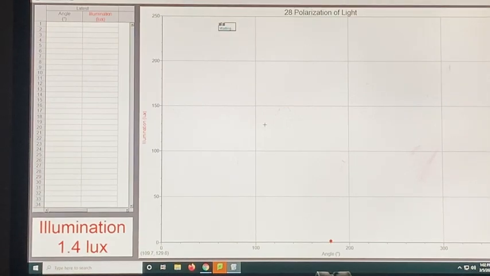The minimum at about 1 is when the second one is at 90 degrees. So when the first one's at 0 and the other one's at 90, they're perpendicular to each other. Light from the first one cannot go through the second one, so we end up with nothing.